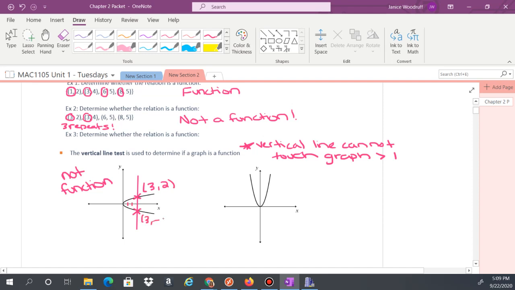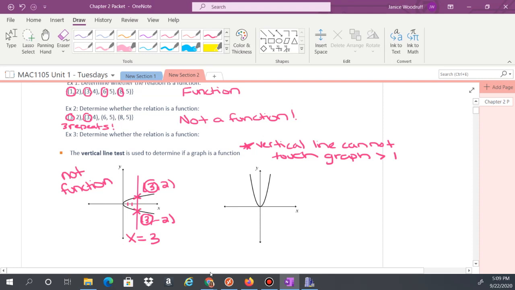So if I list my ordered pairs, the x value is repeating. Remember, a vertical line is an x equals line. It has the same exact x value at every single point on the line. So that's why the vertical line test works.